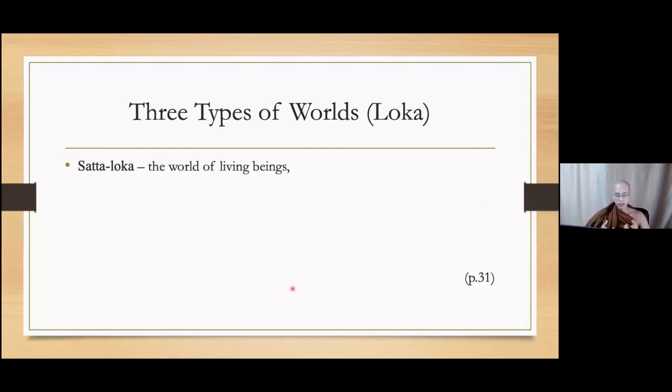Only these two things arising together at the same time are named living beings. So satta loka refers to beings, and also to the process of mentality and materiality. And another one, Akasa loka. Akasa loka is defined as the physical universe.